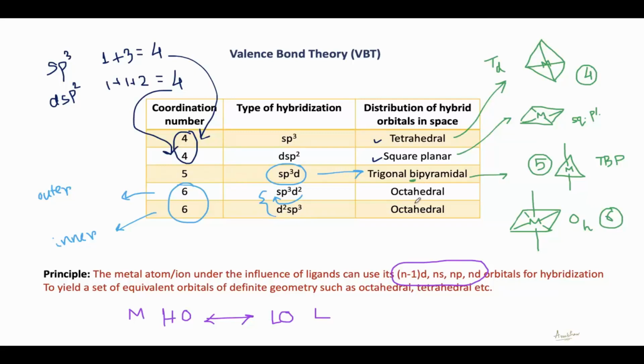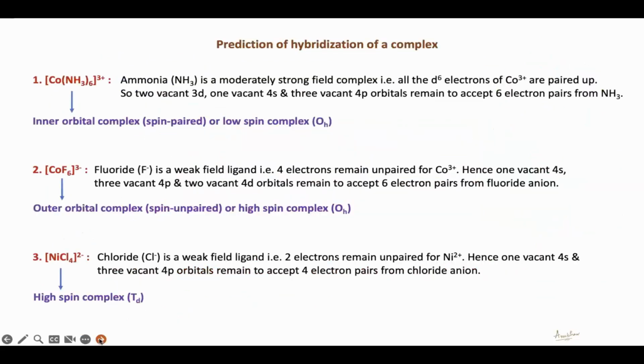Now for your information, I would like to tell you that the octahedral geometry is the most common in the valence bond theory. So how is this valence bond theory helpful to predict the hybridization or the geometry of a specific complex?